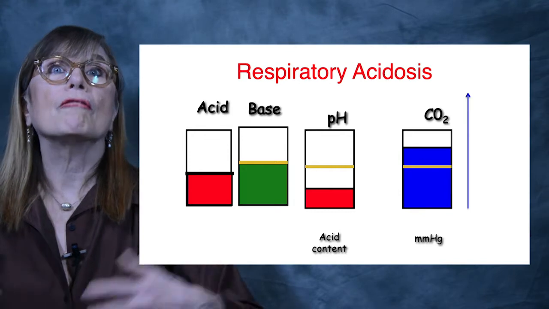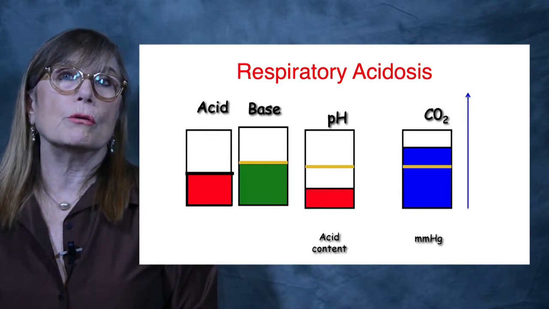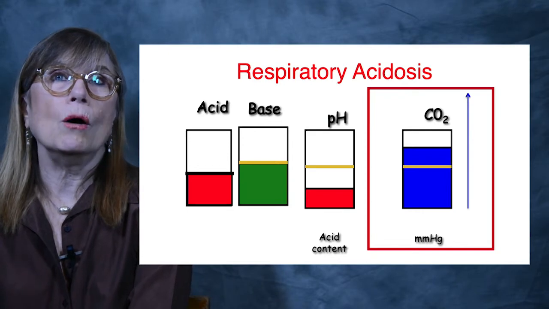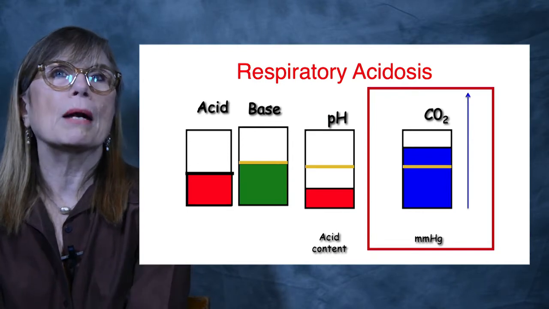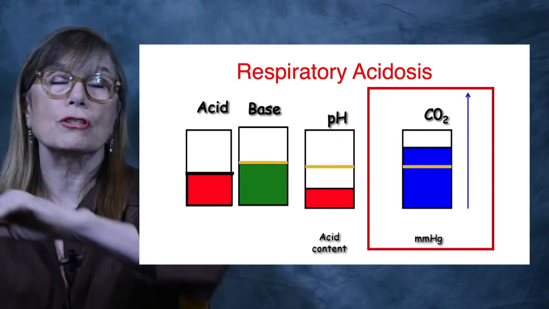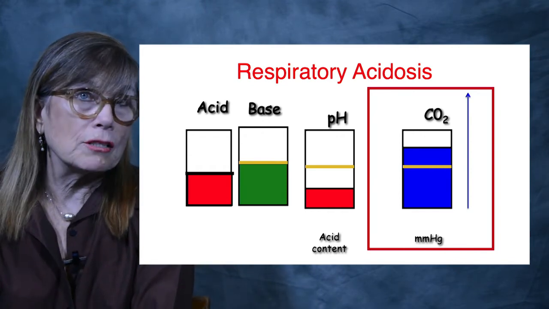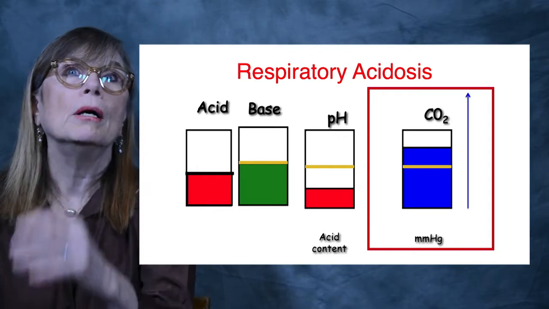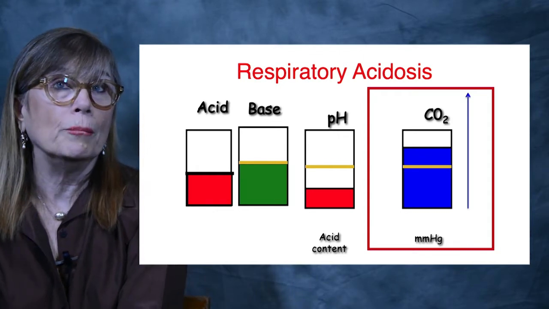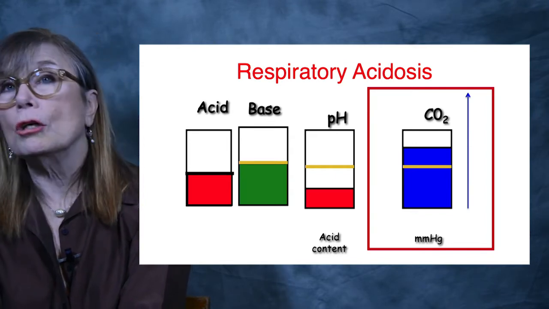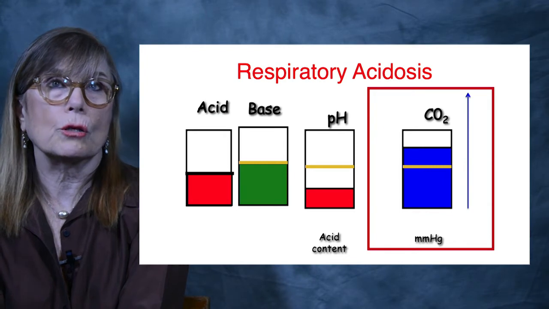So you see your ventilation is poor, you're retaining CO2, your CO2 goes up, your pH is down, and your acid and base on the metabolic side are staying the same in this cartoon. Your pH is on the acid side, it's outside of the range of normal. Your CO2 is up and outside of the range of normal, and you don't have any compensation. So you have acute respiratory acidosis.